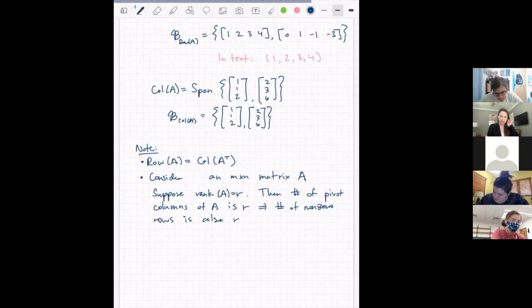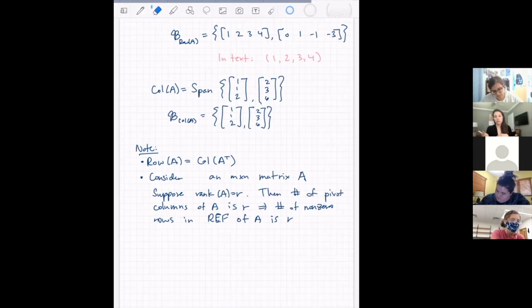right? Because if you have a pivot, that must correspond to a non-zero row. So the number of non-zero rows in the row echelon form of A is R. When it is in row echelon form, all of the non-zero rows correspond to rows that have pivots in them.